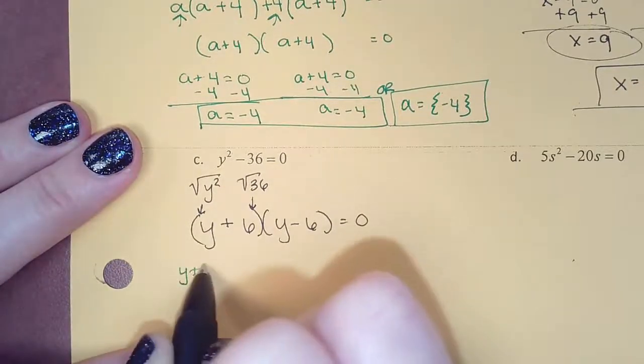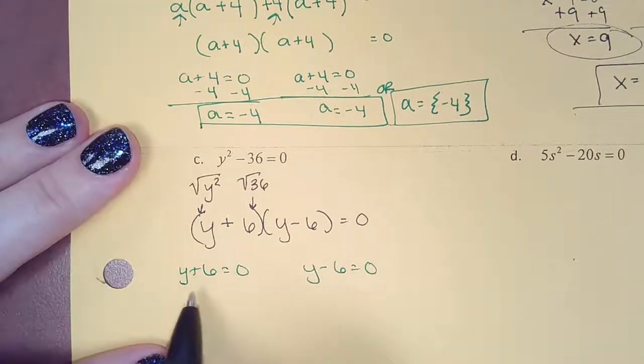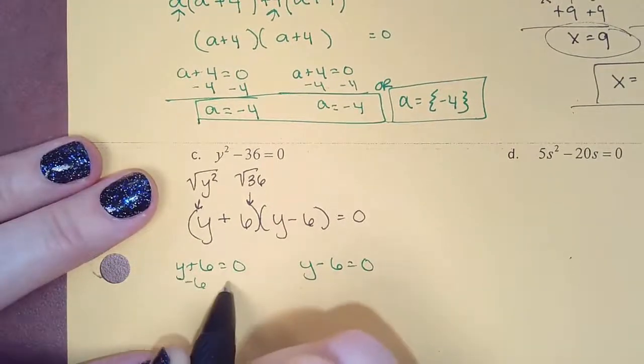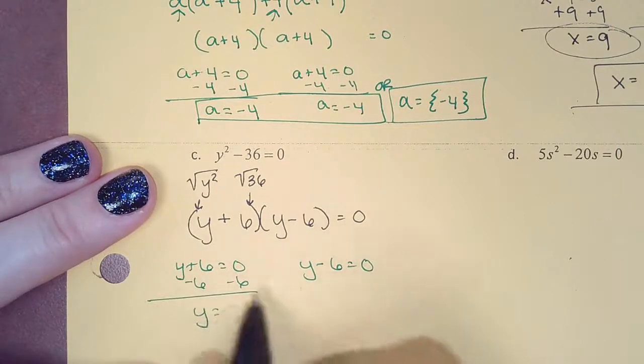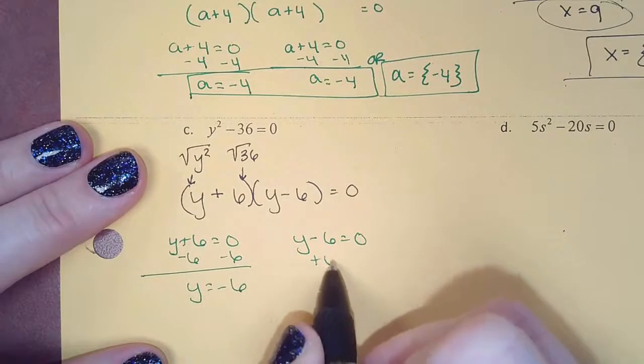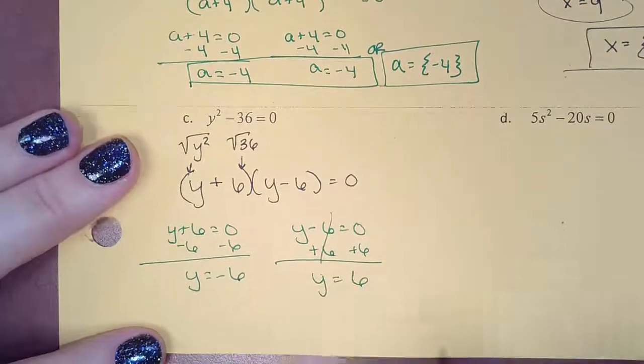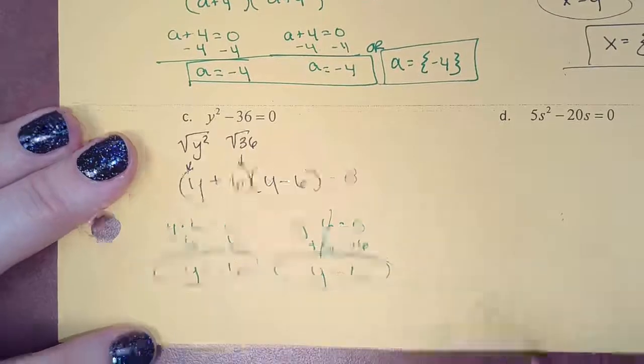So y plus 6 equals 0, y minus 6 equals 0. For this one, subtract 6 on both sides. y equals 0 minus 6, which is negative 6. This one, add 6 to both sides. Cancel. y equals 6. Two solutions.